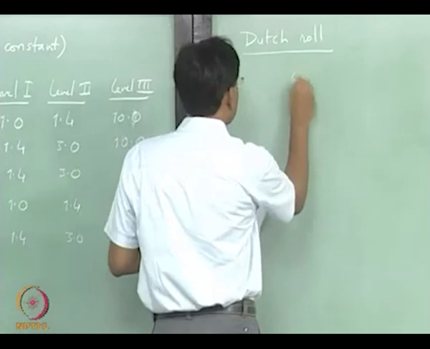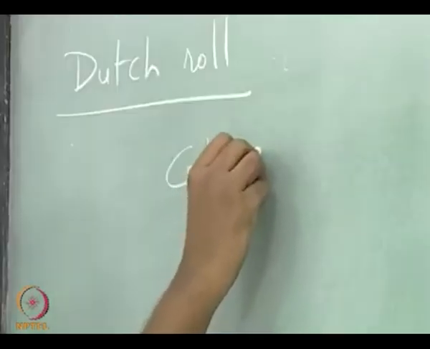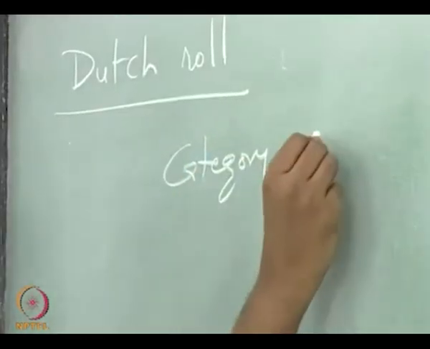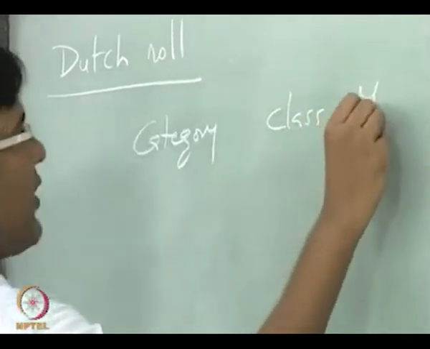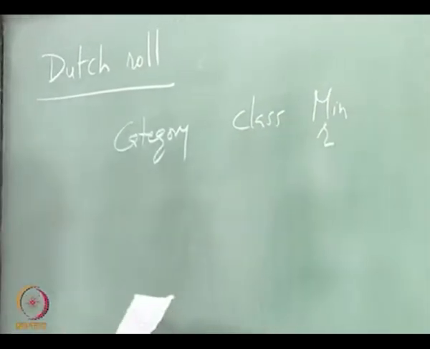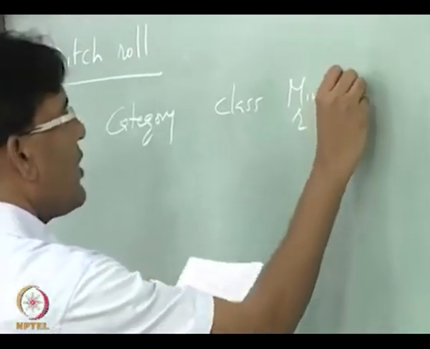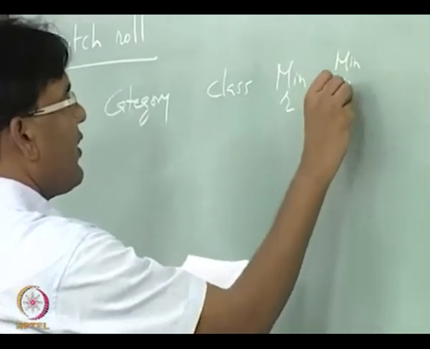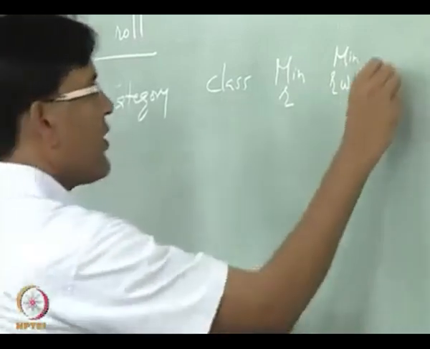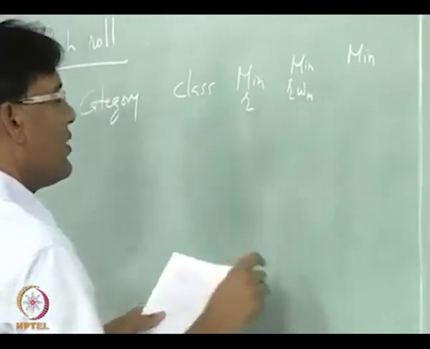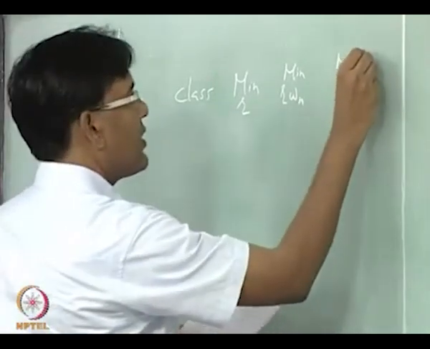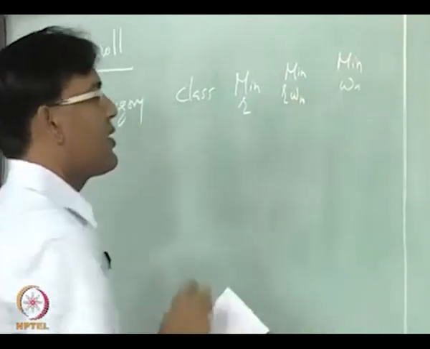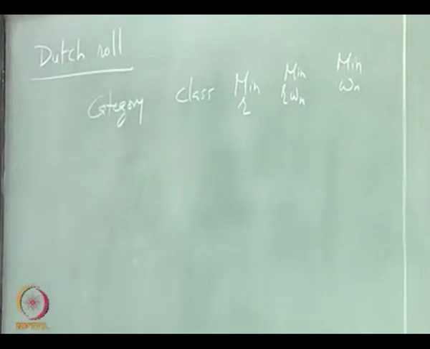Dutch roll, category, class, minimum damping ratio, minimum real part of the eigenvalue, and minimum omega n. Omega n should be in radian per second.